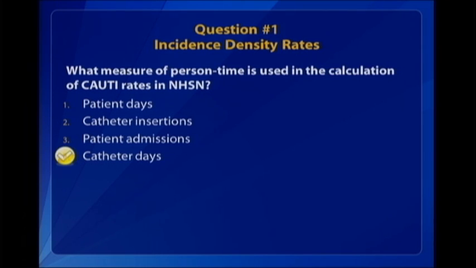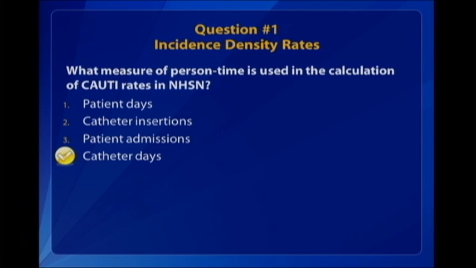Okay, so for some reason it didn't work, but the answer is catheter days. We use this for CAUTI rates because we're interested in looking at the amount of time during which people were at risk for that specific type of device-associated infection. So we're looking at the number of device days.